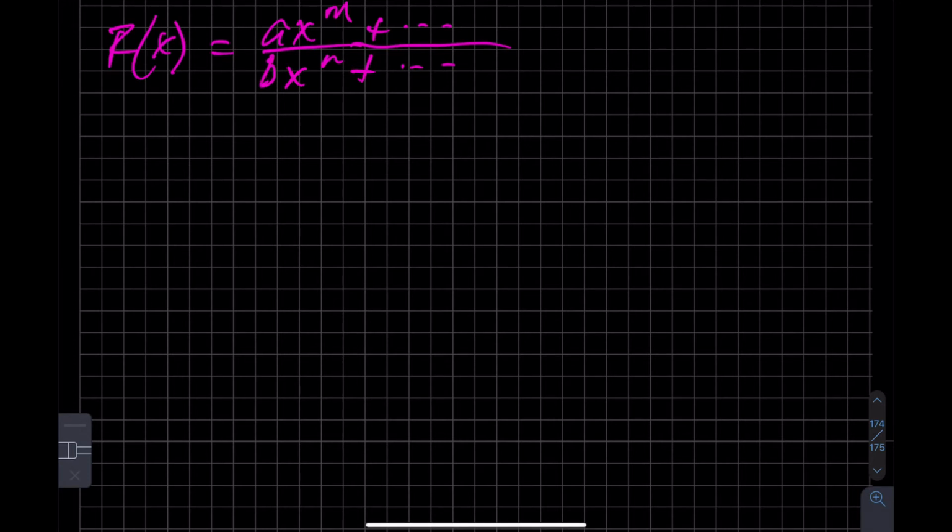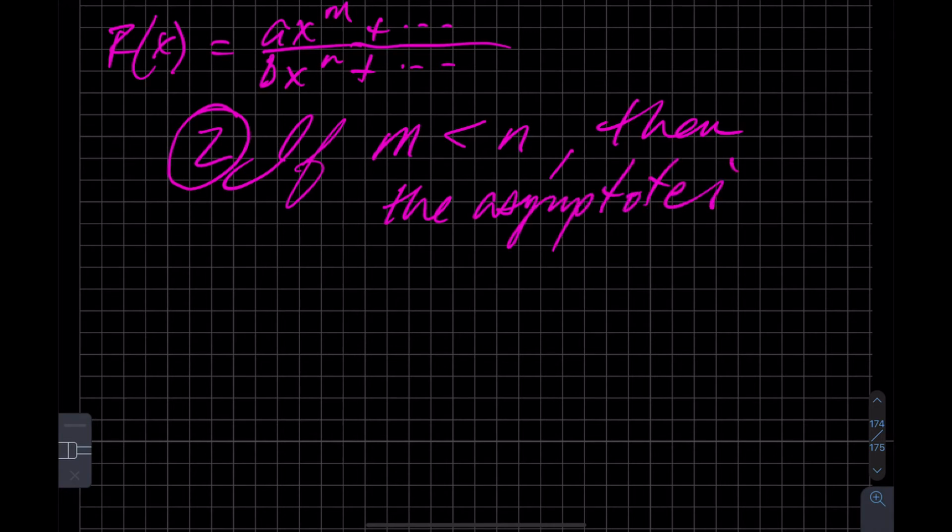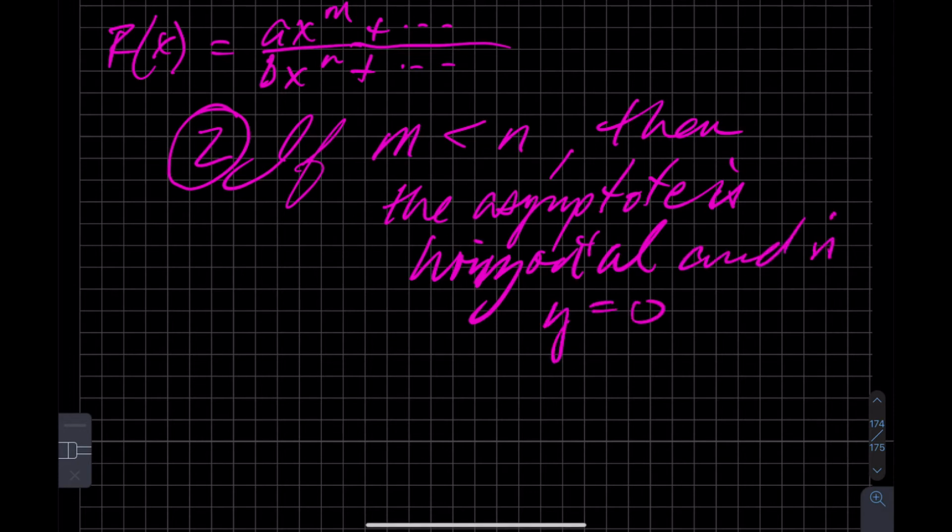So in situation or circumstance 2, it's if m is less than n, then we also have a horizontal asymptote. Then the asymptote is horizontal, and is y equals 0.